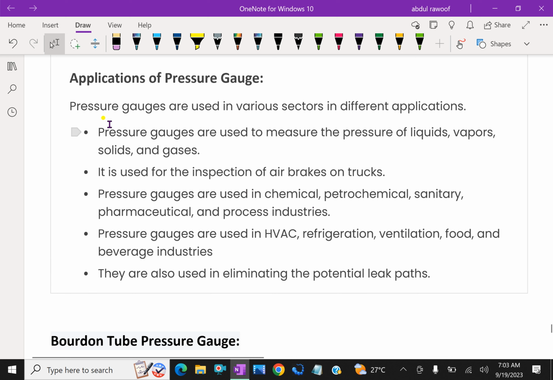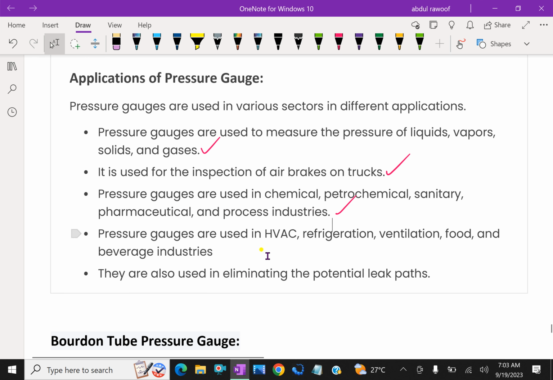Application of pressure gauge. Pressure gauges are used in various sectors in different applications. Totally, pressure gauges are used to measure the pressure of liquids, vapors, solids and gases. It is used for the inspection of air brakes on trucks and also inflation of tire pressures by using pressure gauge. Pressure gauges are used in chemical, petrochemical, sanitary, pharmaceuticals and process industries.